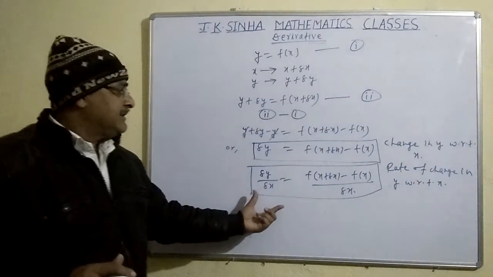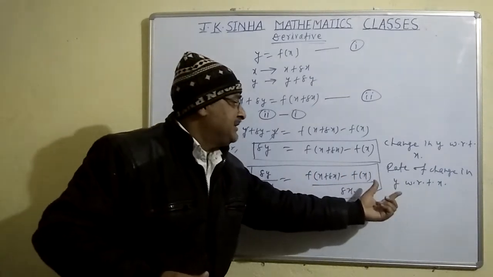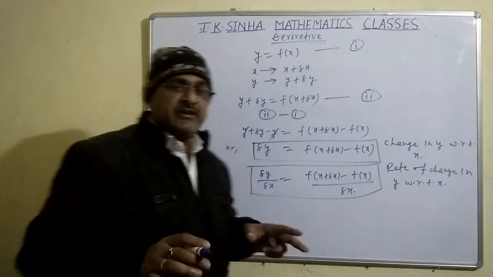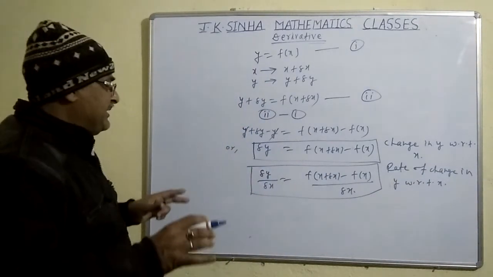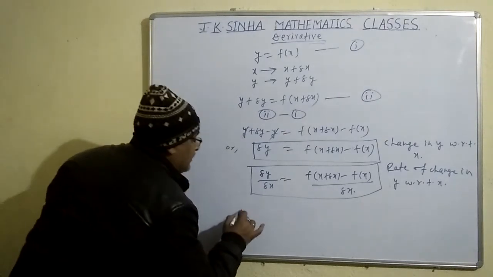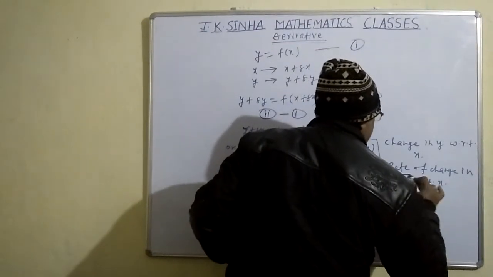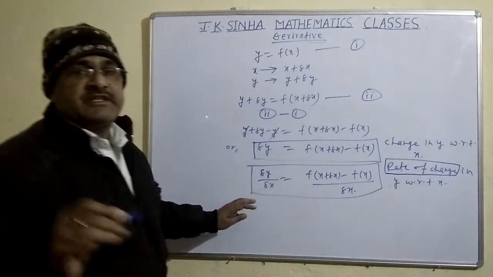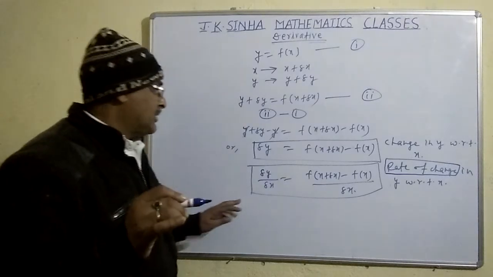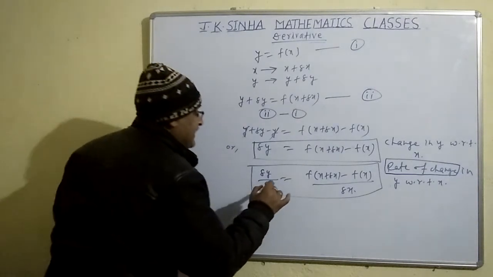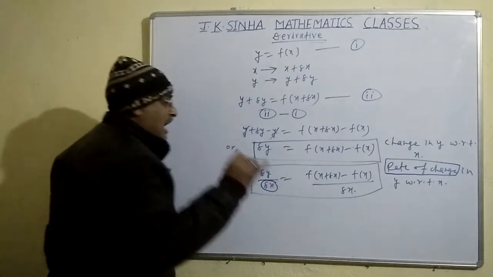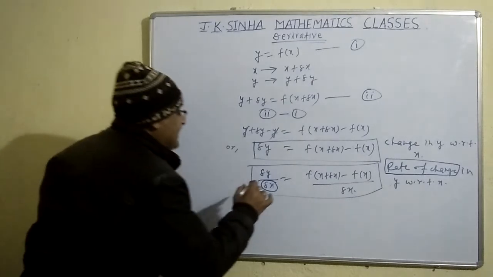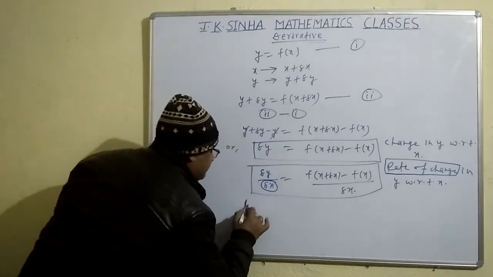To convert this rate of change in y with respect to x into instantaneous rate of change, we need to make the change in x, that is del x, approximately 0, and for this we take limit del x tends to 0 on both sides.